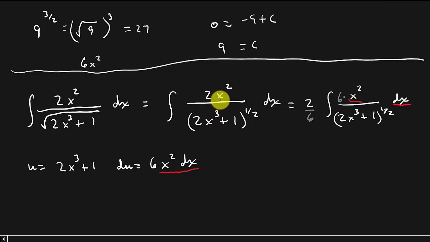Or if in front of the x squared was 7/3? You see that? If instead of the 2 right here, what if that was 7/3 x squared?